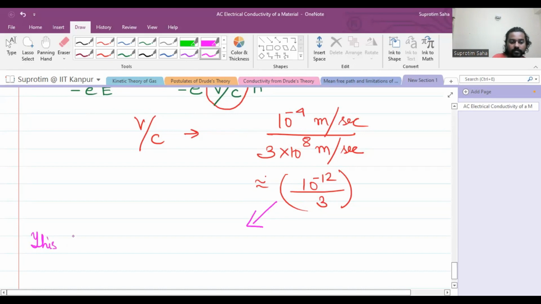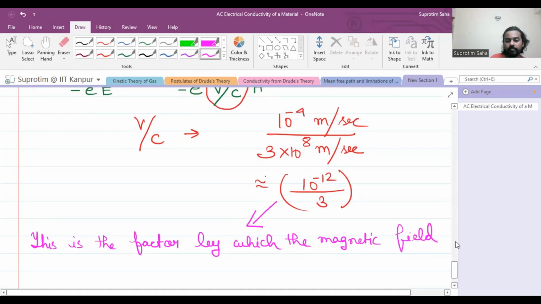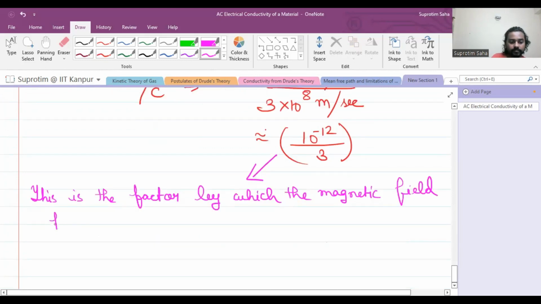This is the factor by which the magnetic field part differs from the electric field.